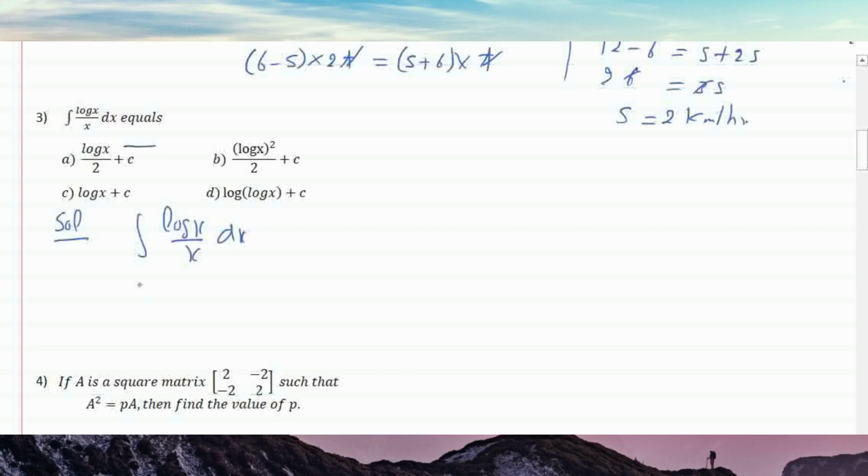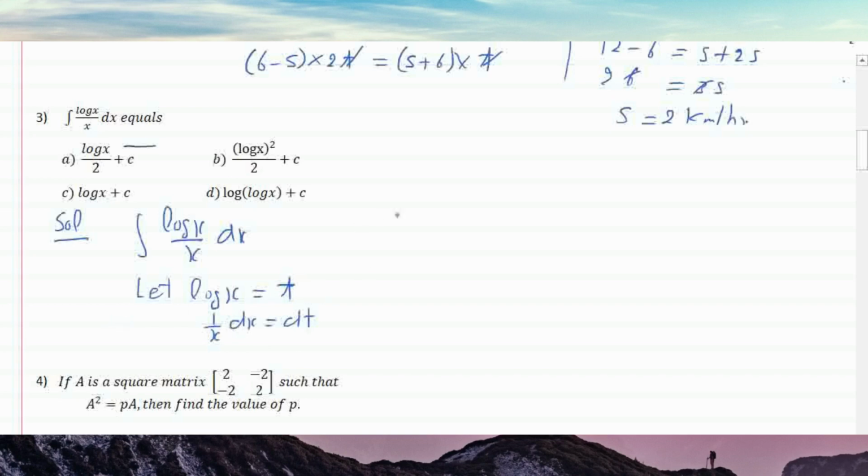Children, in such a question you can use the substitution method. So I am taking log x equal to t. If you differentiate both sides with respect to x, you get 1 upon x dx is equal to dt, right? So we are getting this thing.